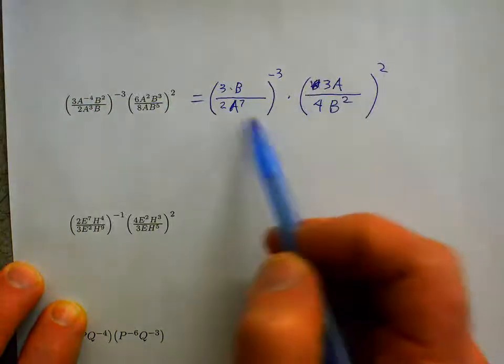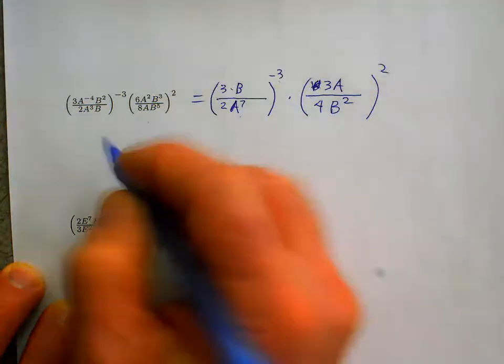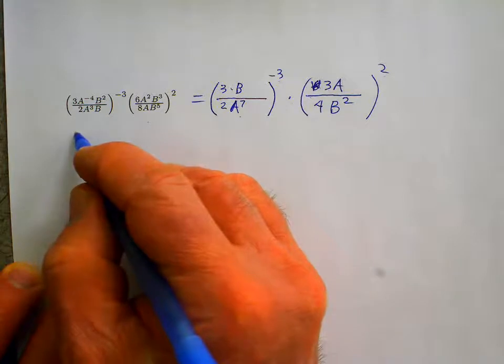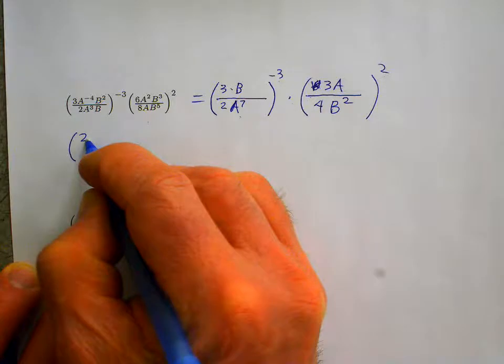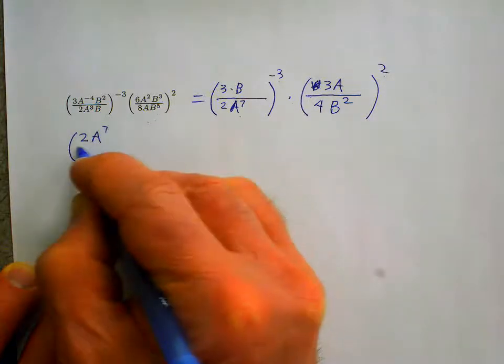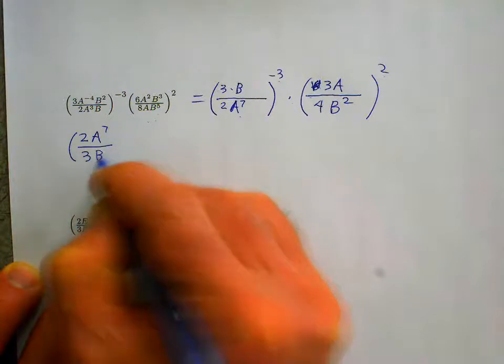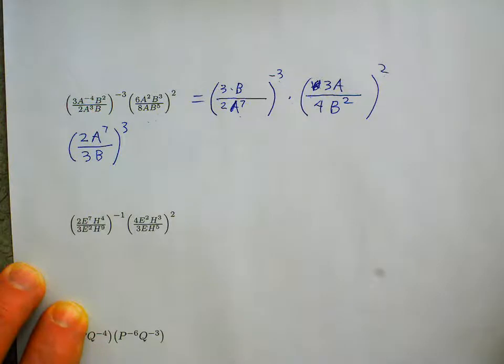Okay, now starting on the left, since we have a fraction raised to a negative exponent, we reciprocate the fraction and change the exponent to positive 3. So we have 2a to the 7th over 3b with a positive exponent 3.